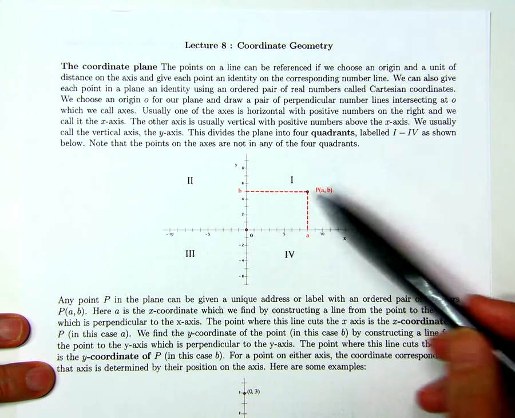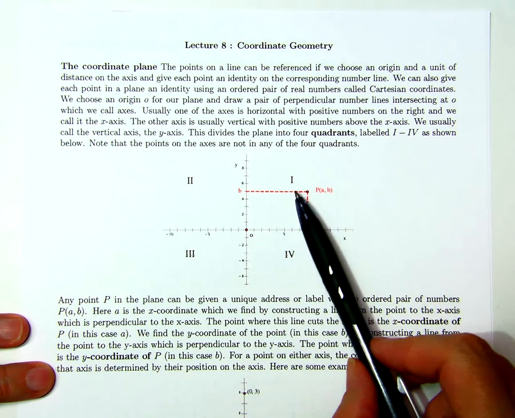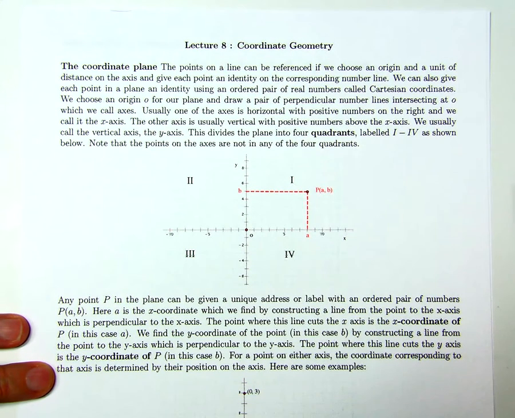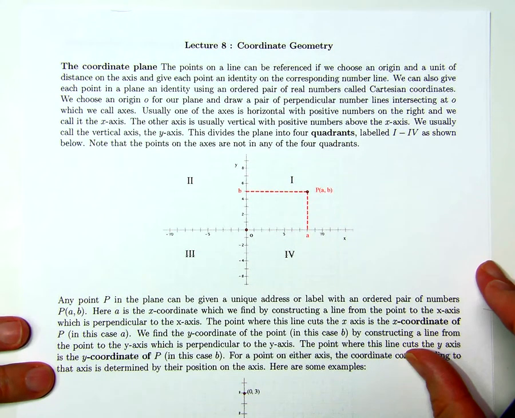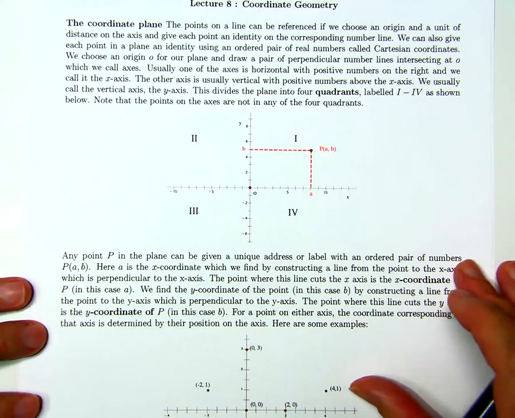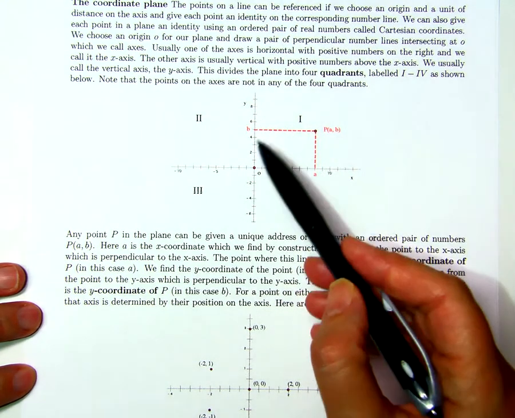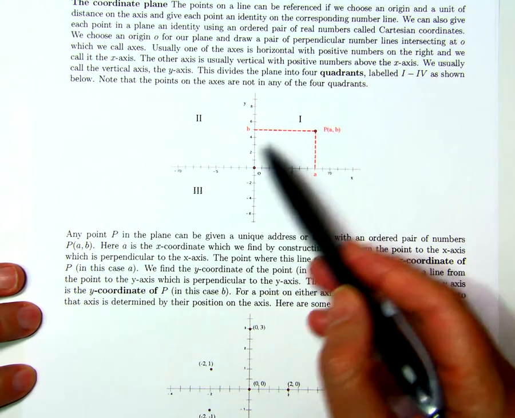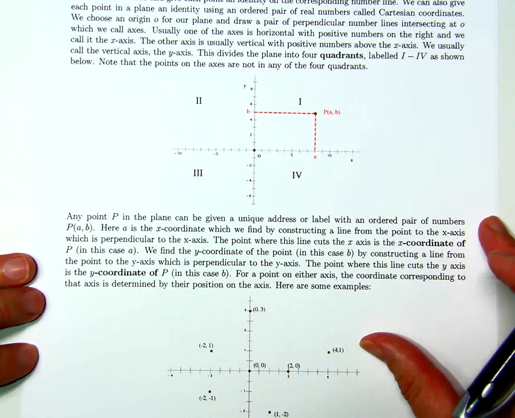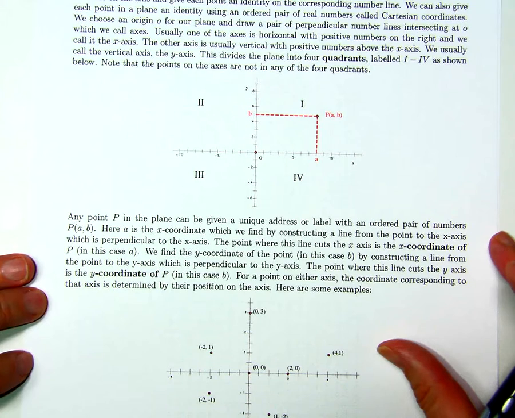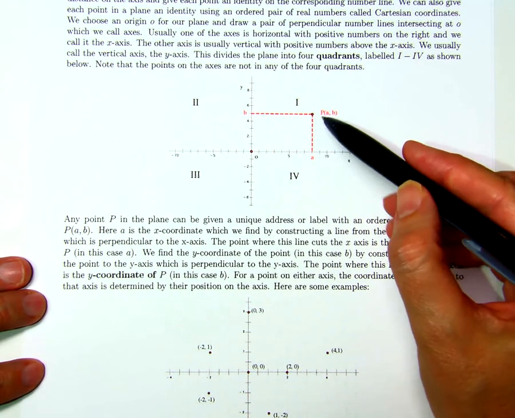And this divides our plane of interest into 4 quadrants, and we call them 1, 2, 3, and 4, labeling in an anti-clockwise direction. And the points on the axes are not actually in any of the 4 quadrants, but every other point on the page is in one of the 4 quadrants.